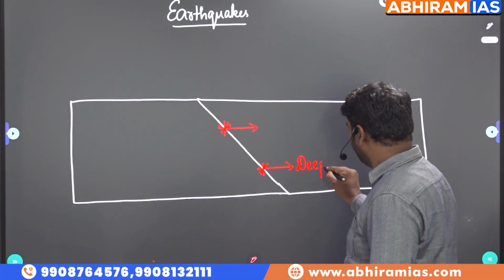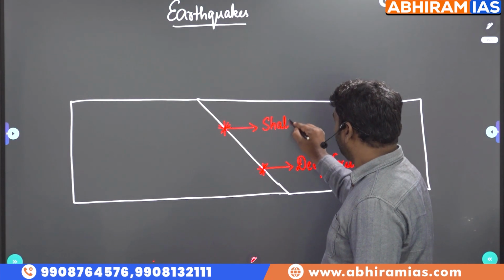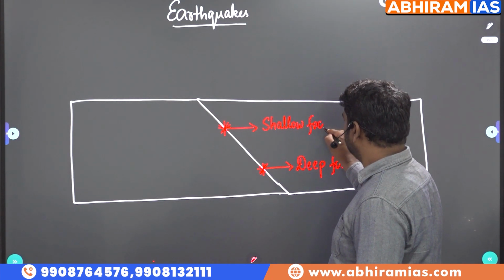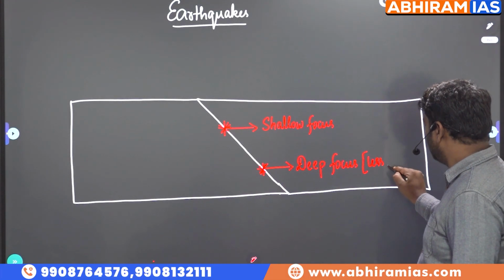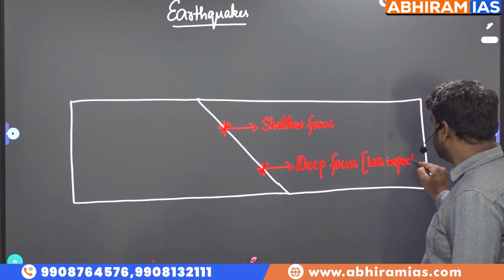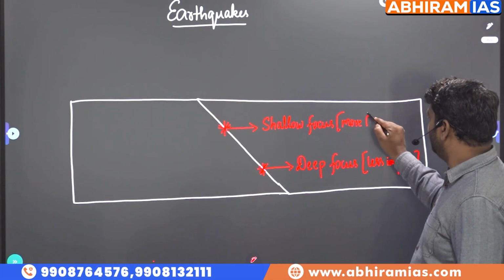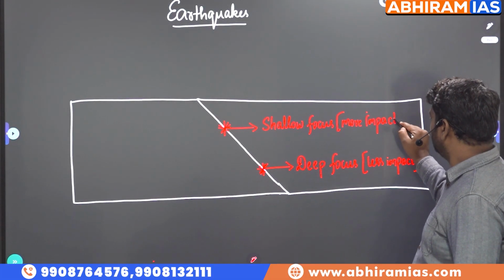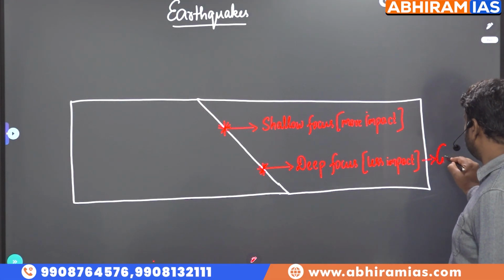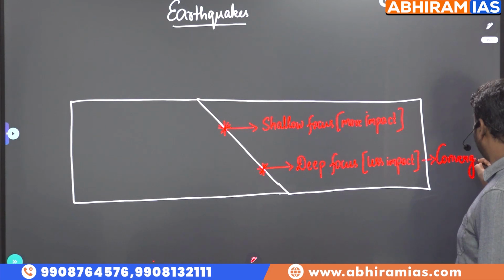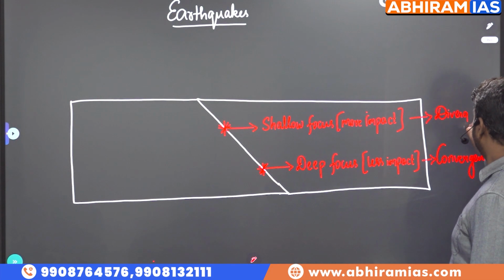Whenever it is deeper, we call it deep focused earthquakes. If it is near, we call it shallow focused earthquakes. Deep focused has less impact as it is far from the surface. Shallow focus has more impact as it is closer to the surface. Deep focus is associated with convergent boundaries. Shallow is mostly associated with divergent boundaries.